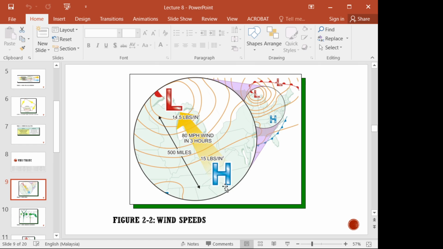Because wind is created due to the difference in temperature in the country, because we know that the wind blows from high temperature to lower temperature.